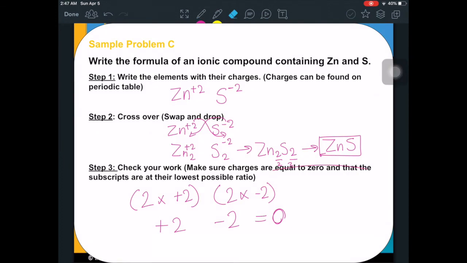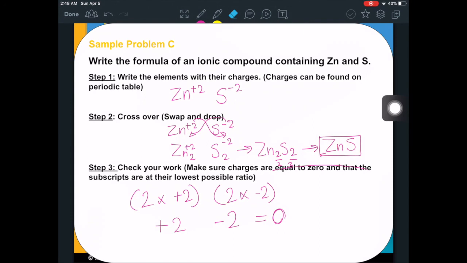Okay, so there's one more thing I want to go over before we end this. It's simplifying your compound, okay? So listen, it's very important to simplify your compound because we are trying to find the simplest compound possible. So anytime you can, try to lower these numbers as much as you can using correct math, okay? It's very easy when the two numbers are the same. You can just simplify them down to 1.